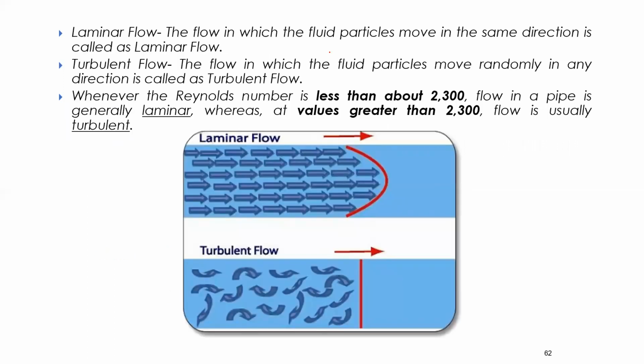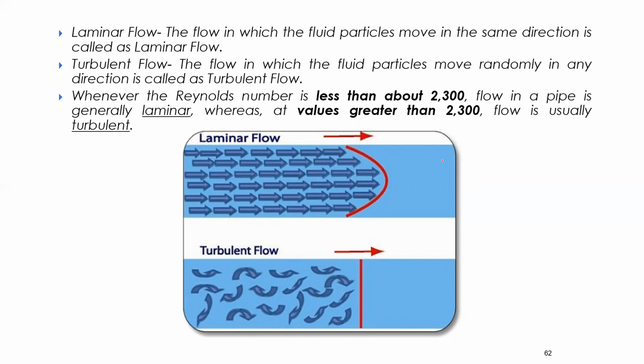Okay. So since napag-usapan natin yung ating Reynolds number, which is ginagamit para makuha yung transition or yung parameter ng flow natin, kung laminar ba siya, turbulent, or in transition flow. So yung laminar flow is the flow in which the fluid particles move in the same direction. So ito ay isang laminar flow.